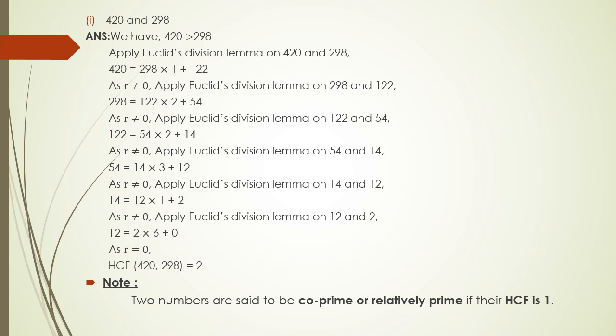So whenever they will be asking you to check whether the given pair of numbers are co-prime or not, you will find out their HCF by using Euclid's division algorithm. If HCF comes 1, you will write that they are co-prime. If it doesn't come 1, you will write that they are not co-prime.